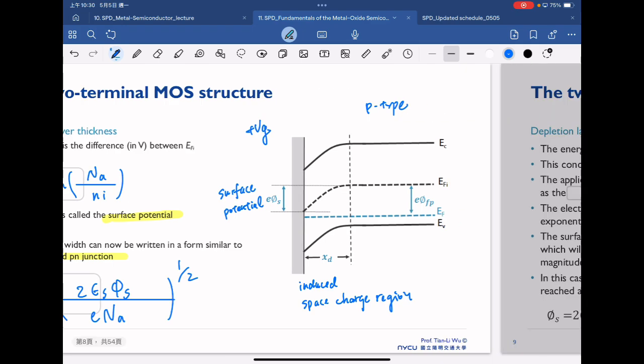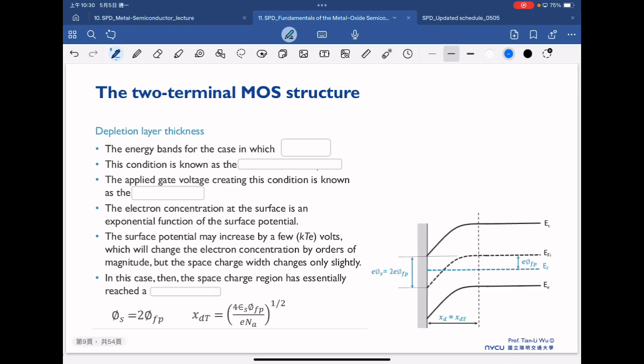And now we move on to consider one particular case, where our phi s is equal to 2 phi fp.